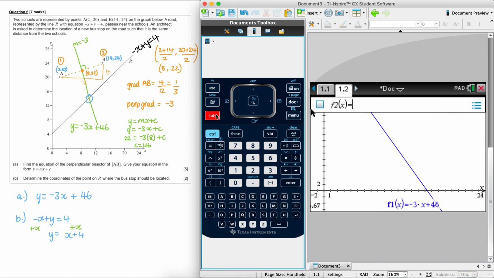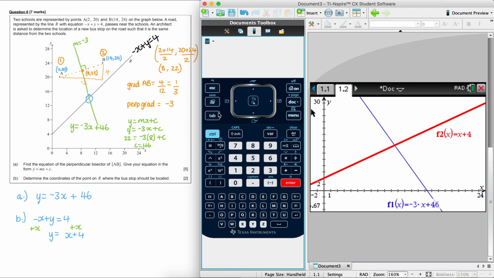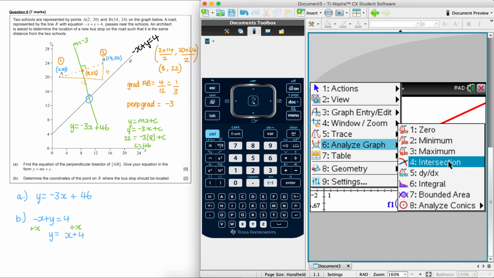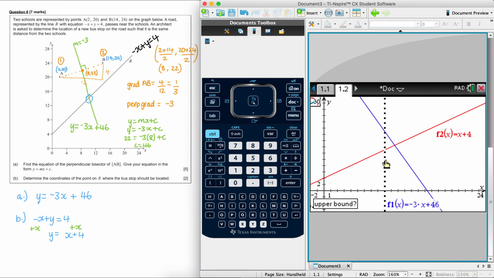So if I press tab, then I can do that equation. Okay, and then menu, analyze, intersection. So click once to the left, once to the right, and then I can find my point of intersection, which is (10.5, 14.5). So that's therefore the place where the bus stop should be located.